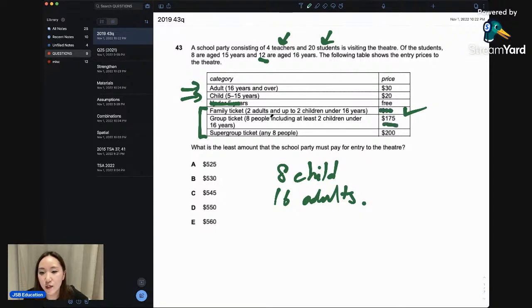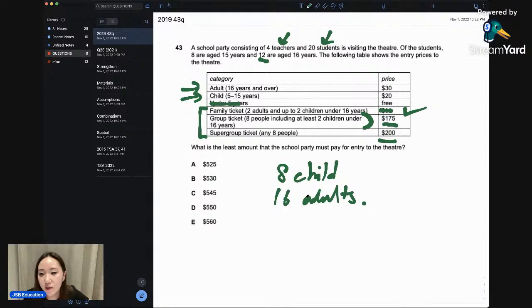So now we want to focus on this and the super group. The only difference between the group ticket and the super group ticket is that super group is any 8 people and the group ticket is at least 2 children, and the super group is more expensive. So ideally, we want to use this one up as much as possible. And then if we need it, we can look at this one or one of the other options.